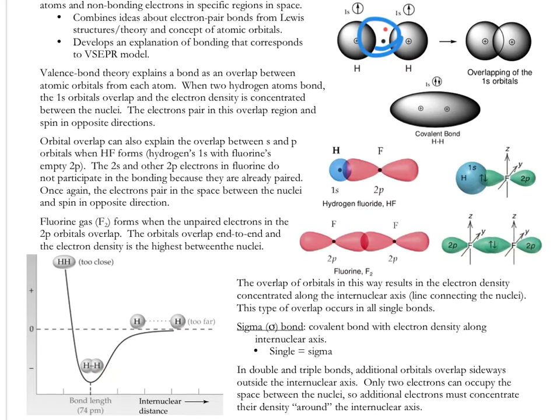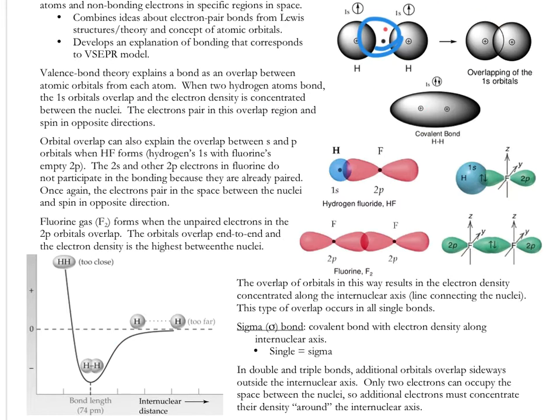At a distance where the nucleus is attracted to the electron, this nucleus is attracted to the electron, and the electrons back to those nuclei, we maximize that without getting them so close together that the electrons repel, and especially the nuclei repel.